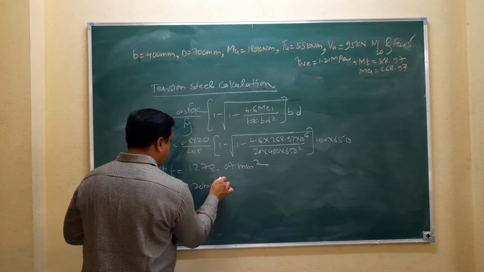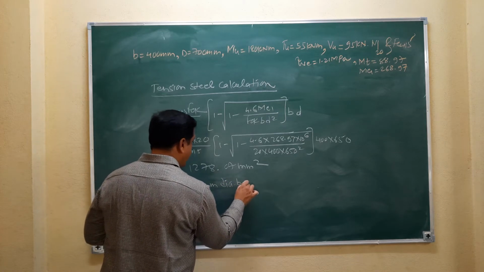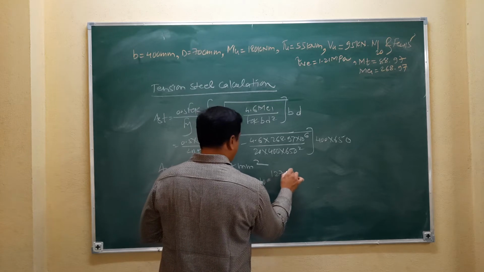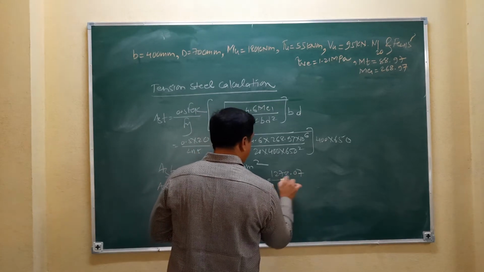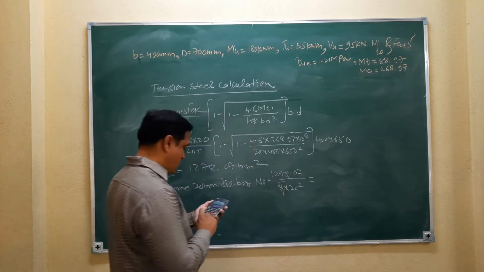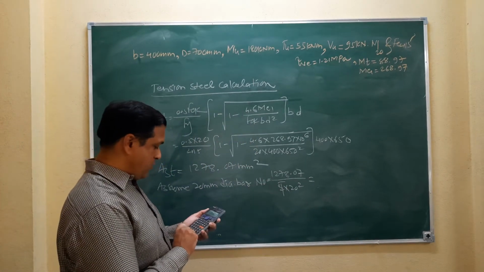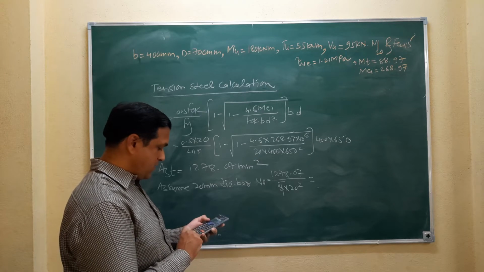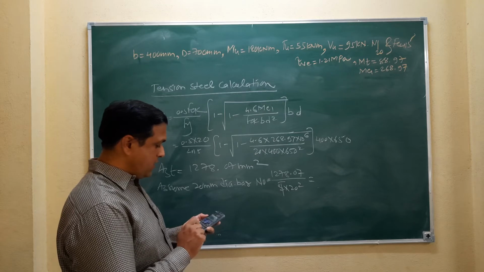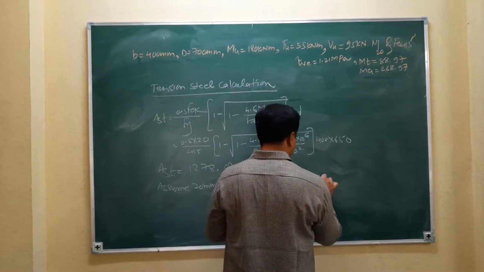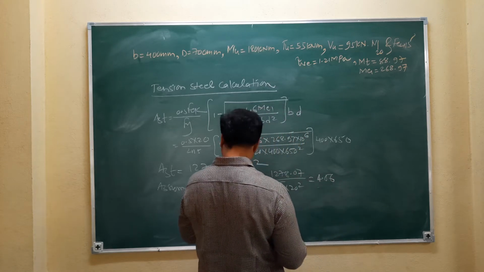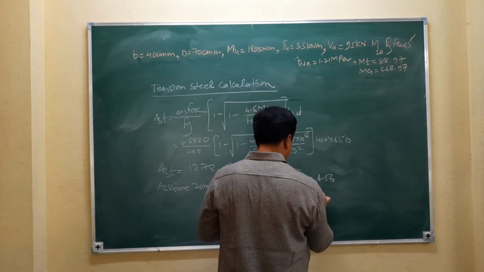If you assume a 20 mm diameter bar, the number of bars is 1278.07 divided by pi by 4 into 20 square. 1278.07 divided by pi by 4 into 20 into 20, we get 4.06.